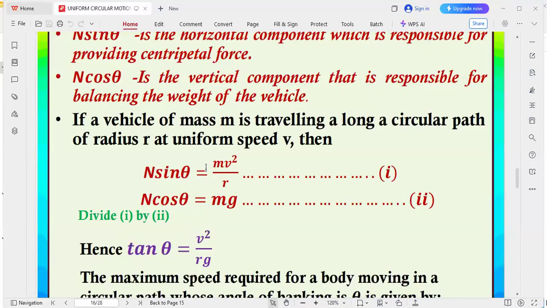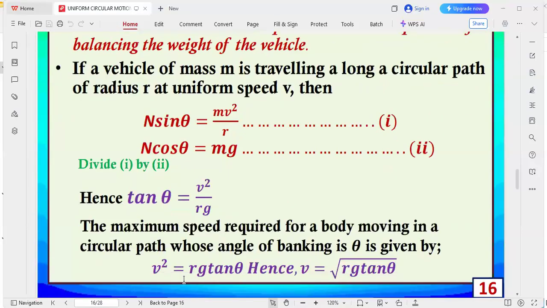Substituting, we have mv squared over r divided by mg, which simplifies to v squared over rg. Therefore, v squared equals rg tan theta, and hence v equals the square root of rg tan theta.